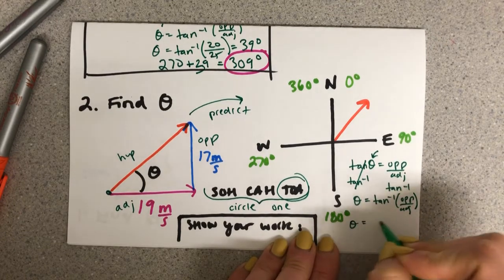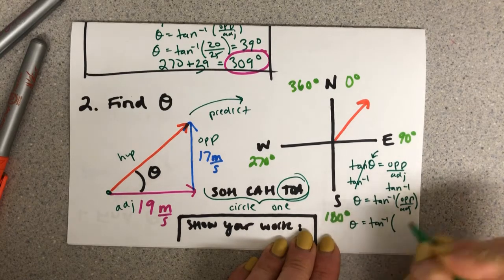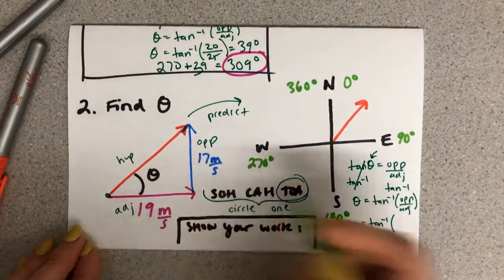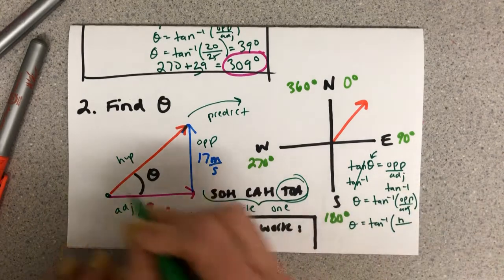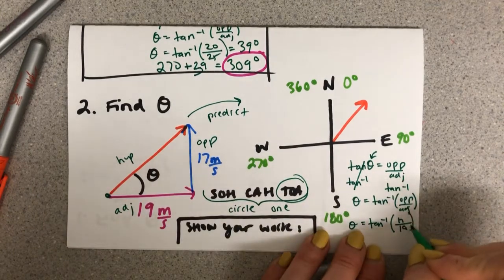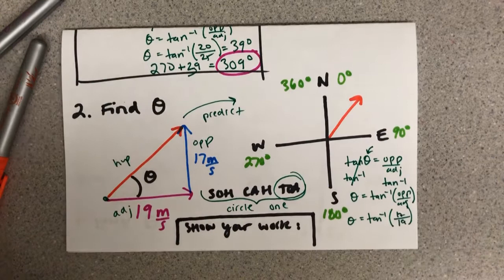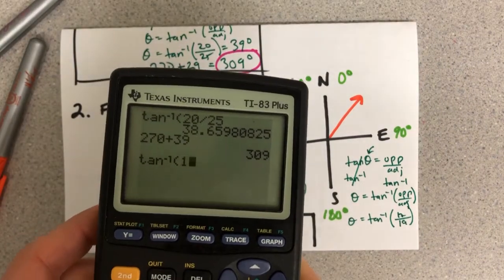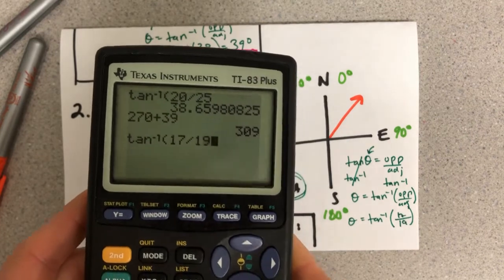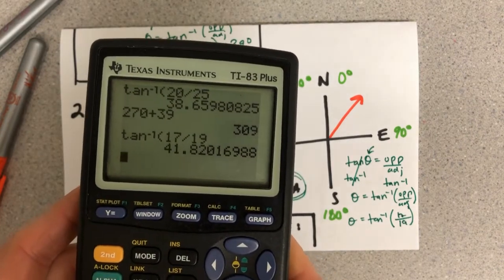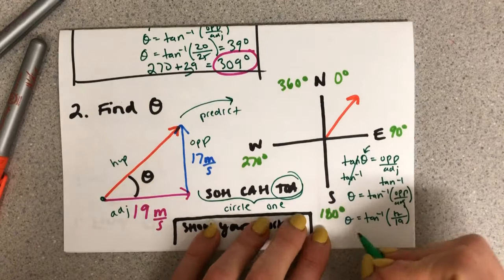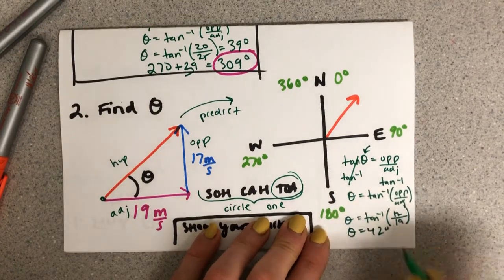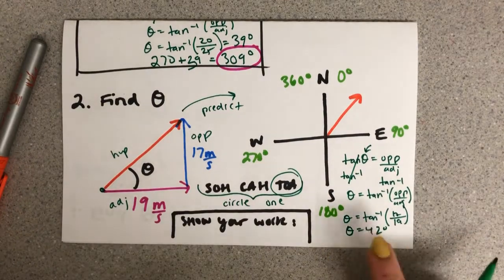So my theta equals, my opposite here is 17, divided by my adjacent. Tangent -1 of 17 divided by 19. Boom. And I'm gonna call it 42. Okay, so again, I've got 42 degrees.